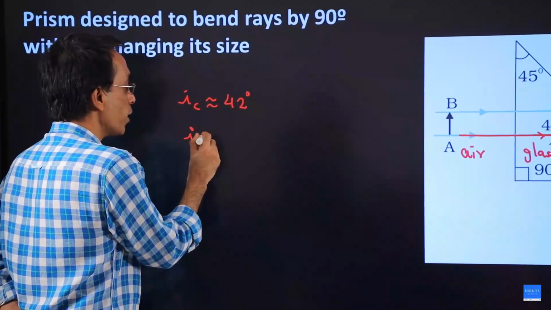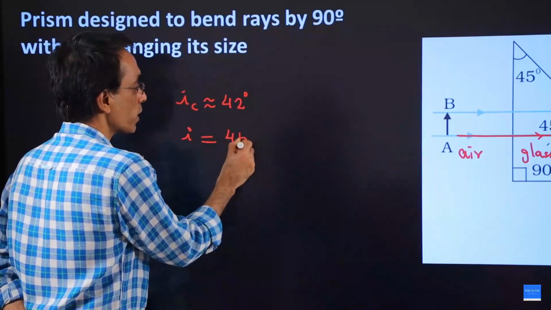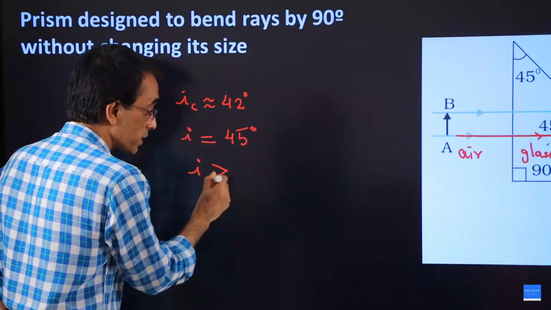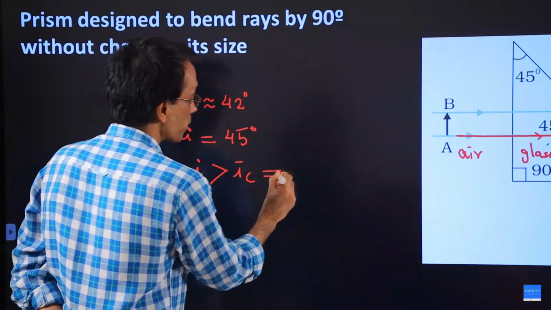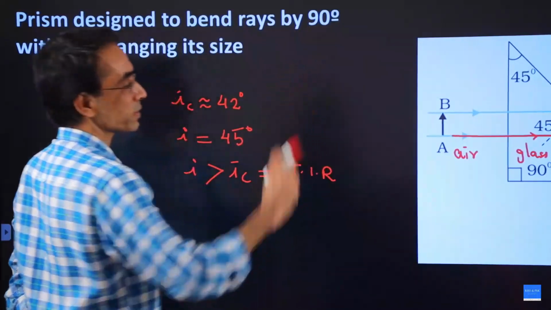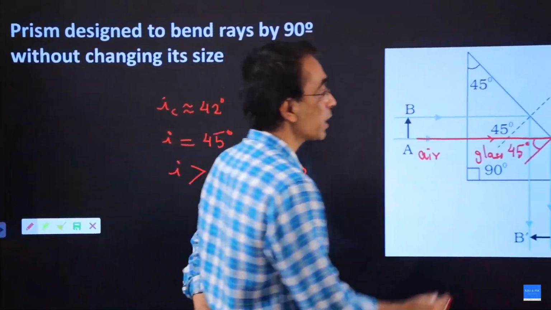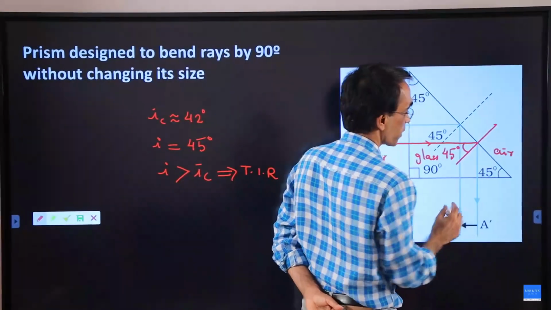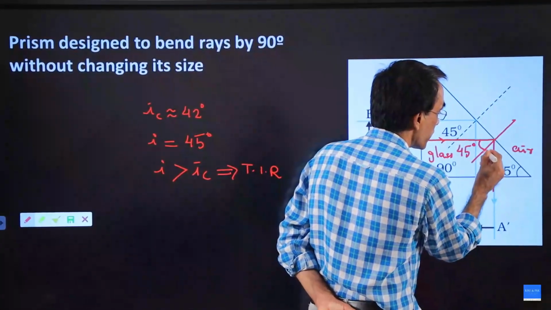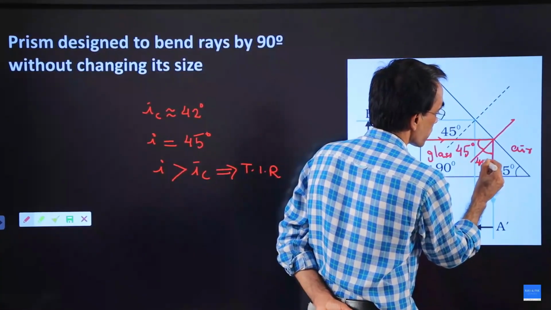Now incident angle how much? That is equal to 45 degrees. So the condition is satisfied: incident angle is greater than critical angle, which implies that total internal reflection will take place. So light will not go out to air, rather it will reflect in this direction, making an equal angle of 45 degrees.